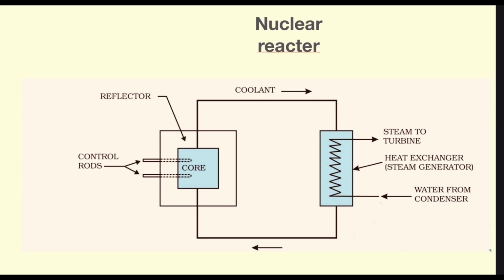You know that U-238 is non-fissionable, but when it captures a neutron, it produces the highly radioactive substance plutonium through this process.